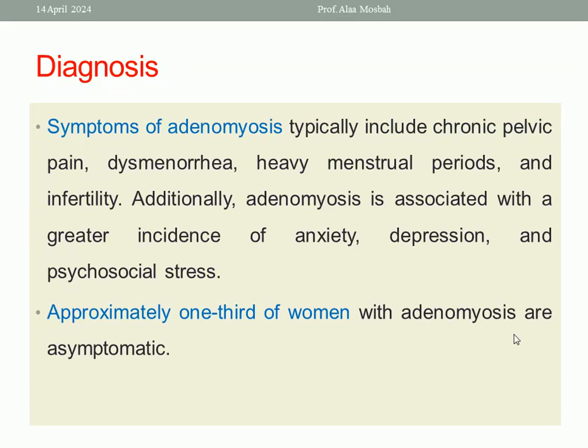What about the diagnosis of adenomyosis? Symptoms of adenomyosis include chronic pelvic pain, dysmenorrhea, heavy menstrual period, infertility, and maybe miscarriage.